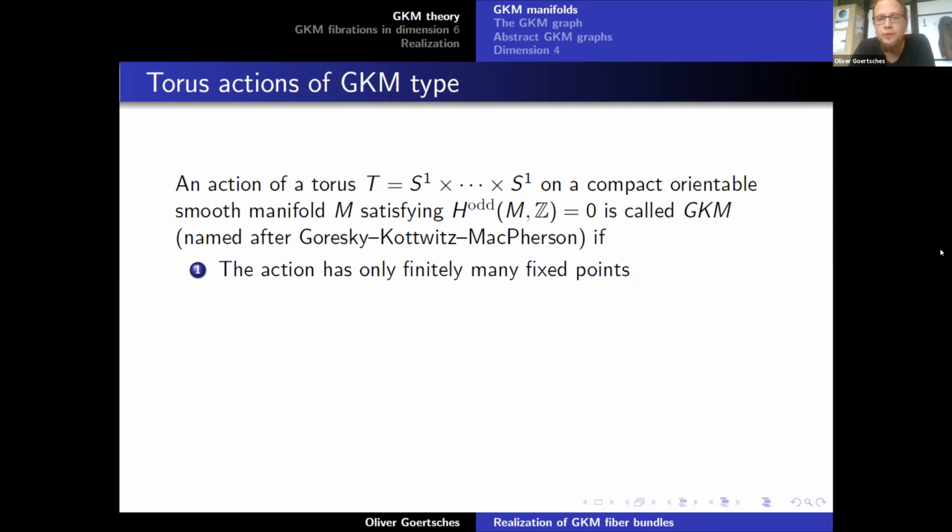Right? So what does one do in GKM theory? One associates to such an action exactly this graph, but with some additional structure, namely a labeling. What kind of labeling do I want to put? I want to put labels on the edges of the graph. To explain what this label is, remember any edge corresponds to an invariant 2-sphere.